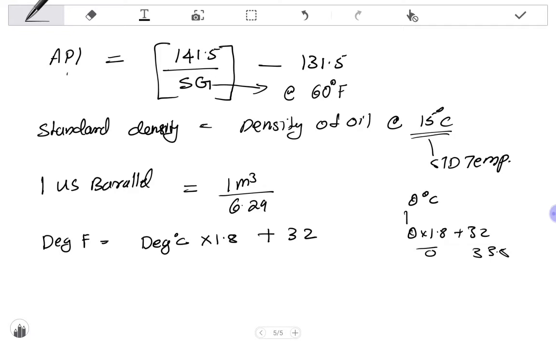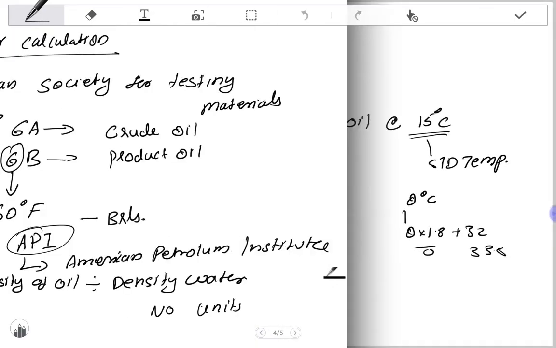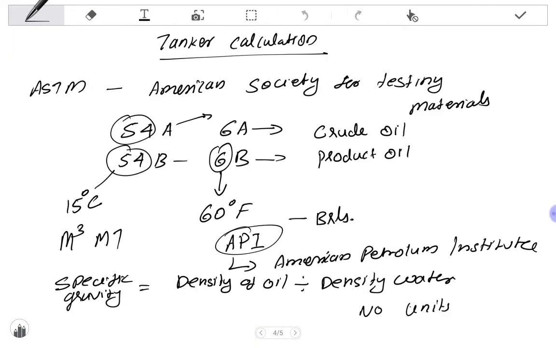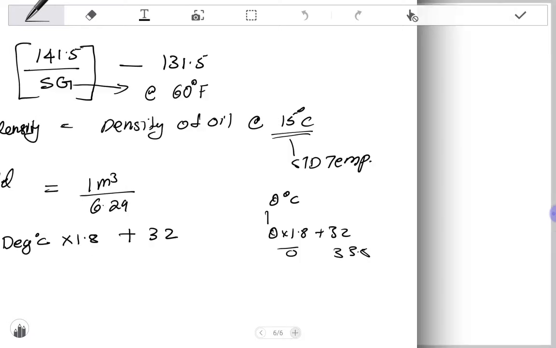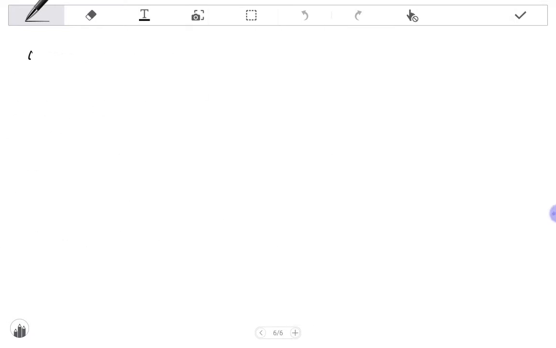Now we talked about the density, the volume, standard density, specific gravity and everything. Another thing is weight. After the calculation, when we get the weight, there are two types of weight: weight in air and weight in vacuum.